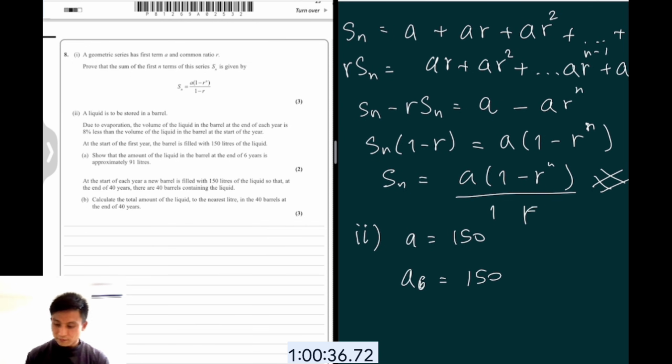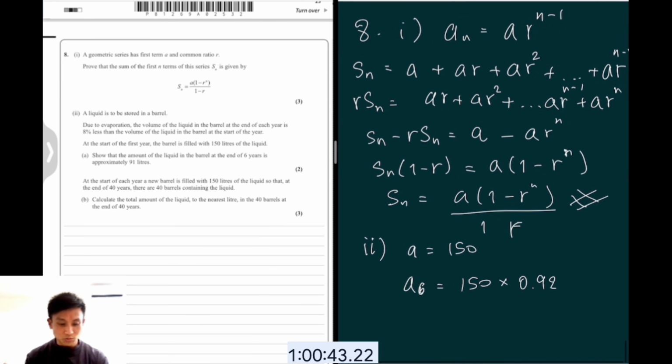So it's 150 times r, which is 0.92. Yeah, that is just 92% left. So the power of, at the start of the first year, you've got to be careful here. That's tricky. At the start of the first year, because that is not the end of the first year, right?